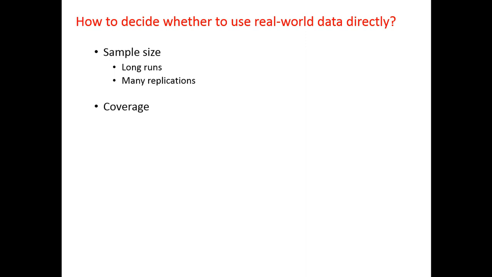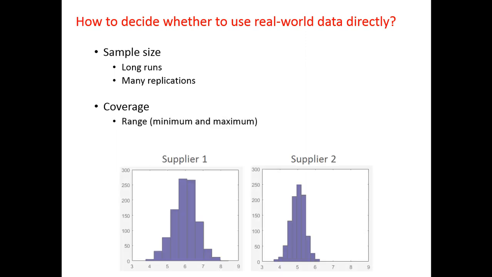The other thing that we need to consider is coverage, which is kind of related to sample size as well, because as the sample size increases, we expect to have better coverage. But there are some other things that we need to keep in mind as well. For instance, we need to make sure that our data represents the range properly. Suppose that you're collecting data from a manufacturing process, and this manufacturing system uses raw material from two different suppliers, supplier 1 and supplier 2.